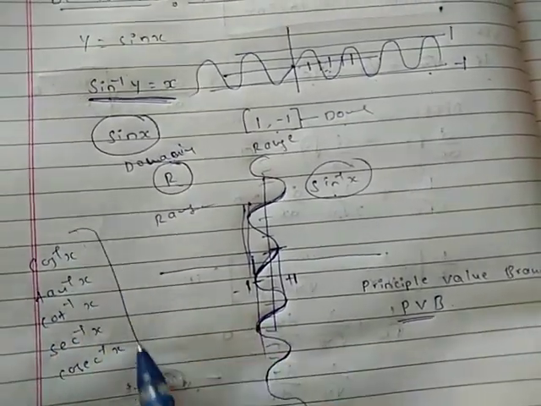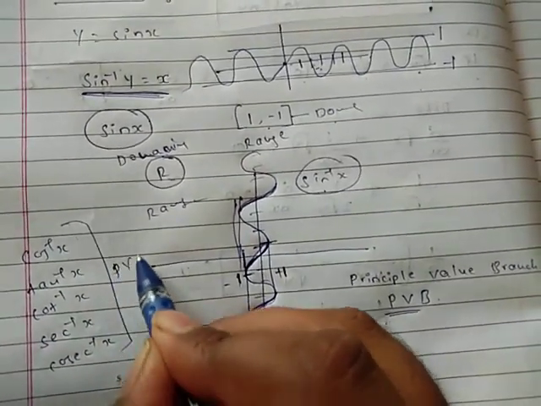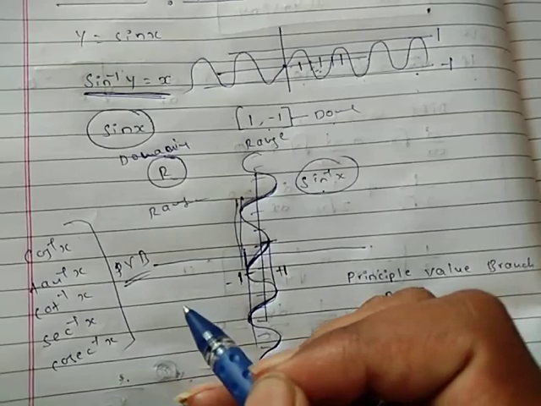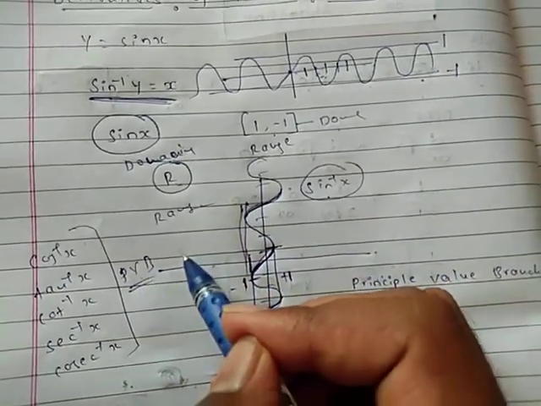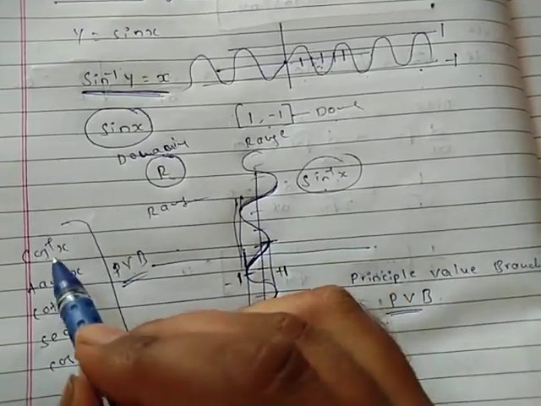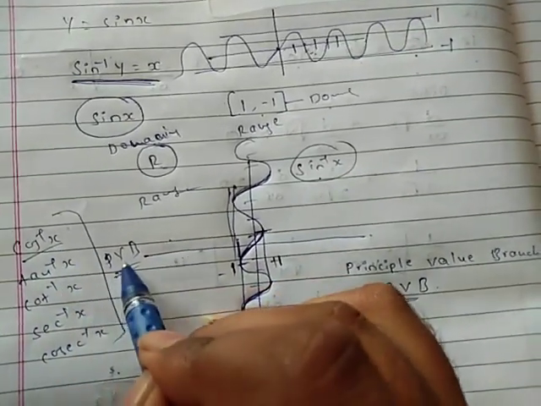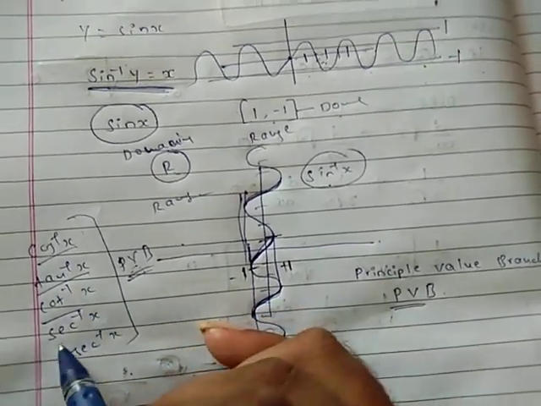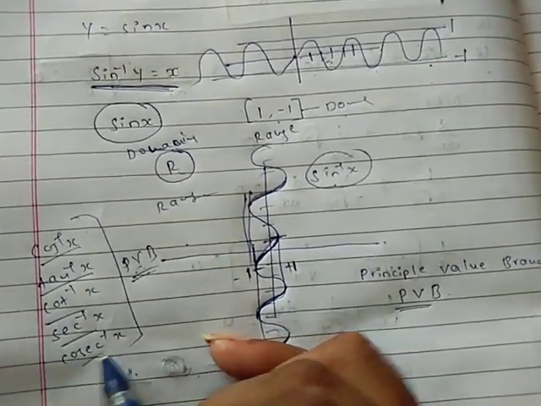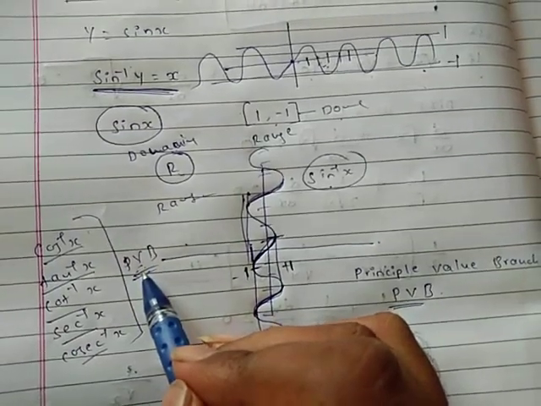We will also have the principal value branch for these functions because we have the same values of y here. So, we restrict, and those restrictions are called principal value branches. In particular, for cos inverse x we have a principal value branch, for tan inverse we have PVB, for cot inverse we have PVB, as well as for secant and cosecant we have principal value branches.